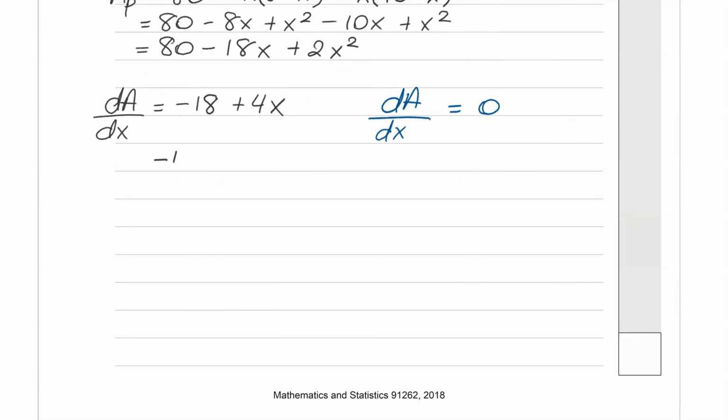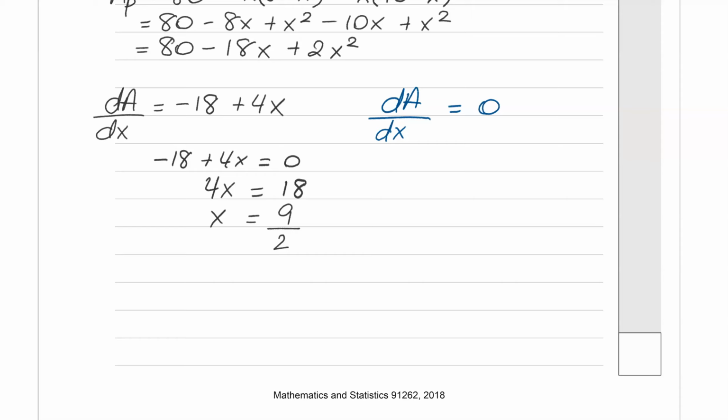So we will have negative 18 plus 4x is equal to 0. 4x is equal to 18. We're solving for x. Therefore, x is equal to 18 over 4, which is 9 over 2.